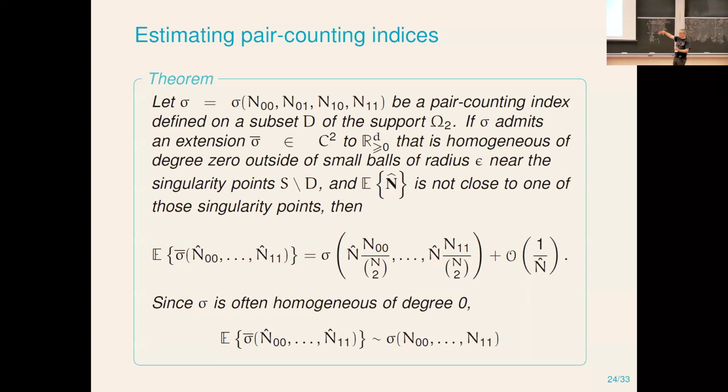But from the point of view of the theorem, it's much more convenient to put this in terms of the extension, because remember, the extension is basically the original function, but we have removed the problematic points, okay?